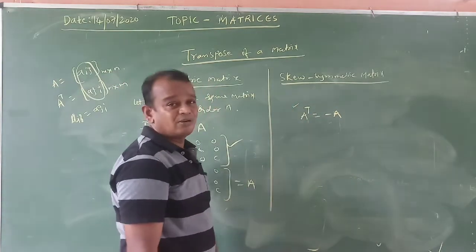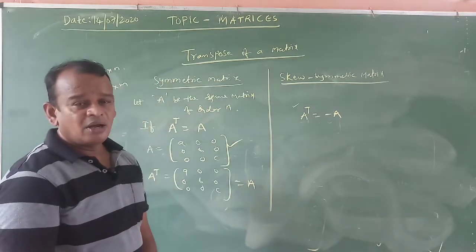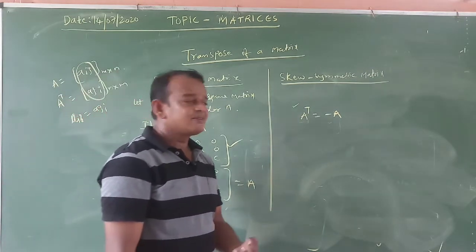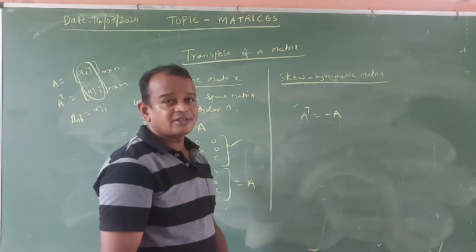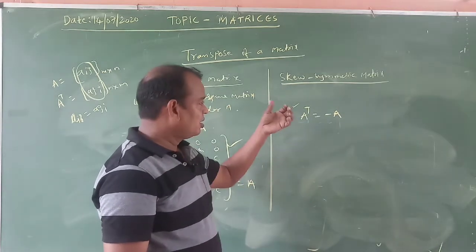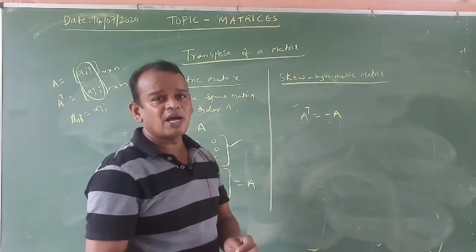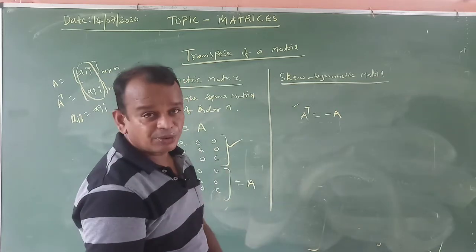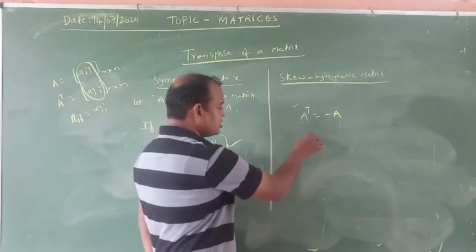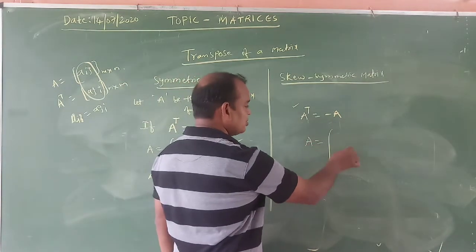A transpose is equal to minus A. How to write an example for the skew symmetric matrix? Remember, all the principal diagonal elements must be equal to 0.